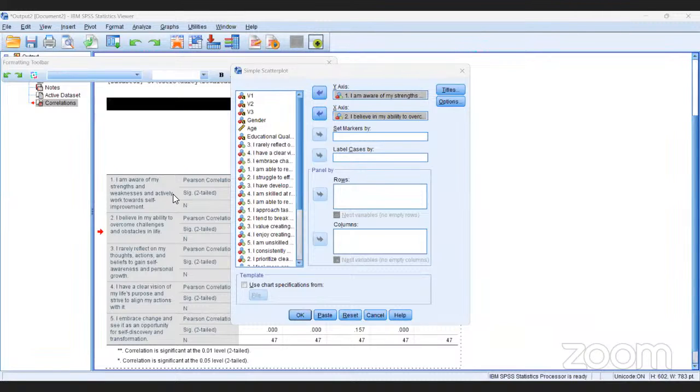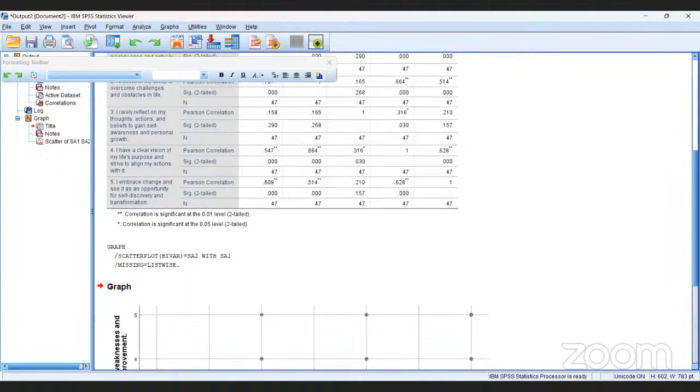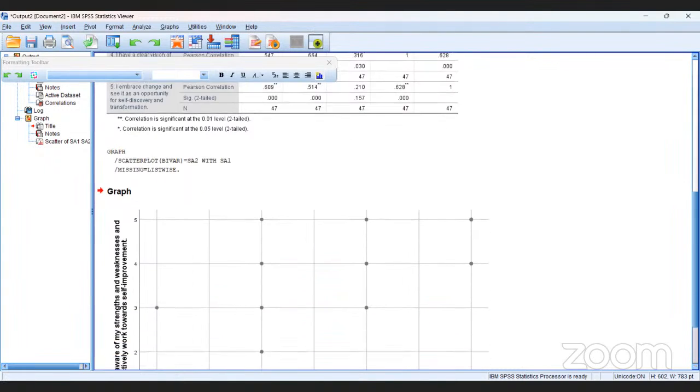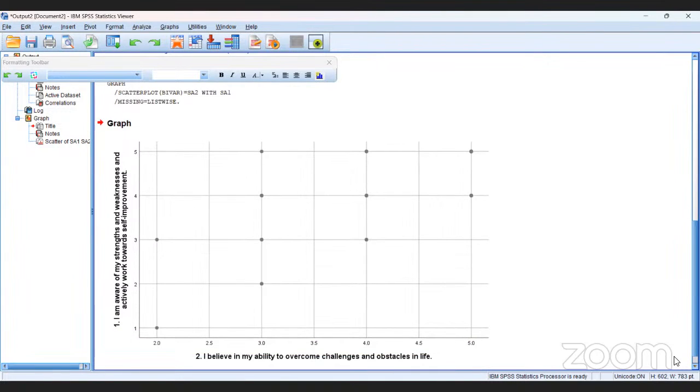After that, I click OK. So this is the result, the 1 and 2 correlation.